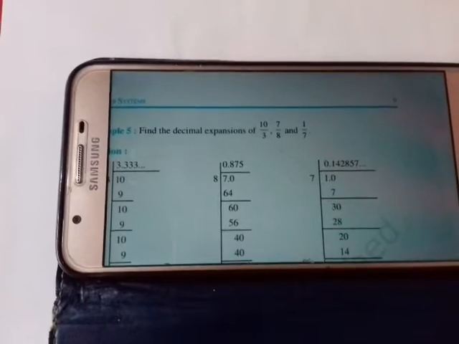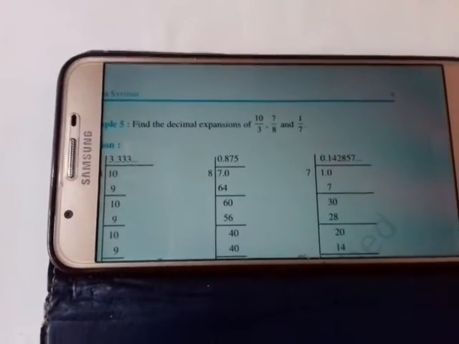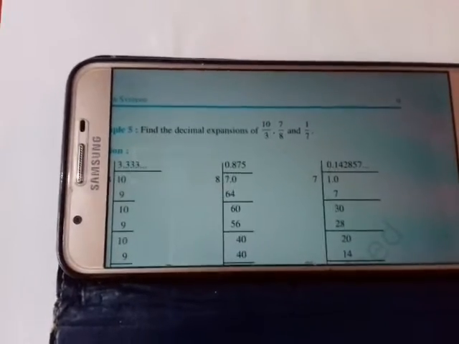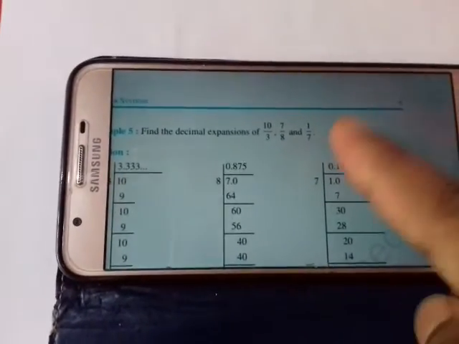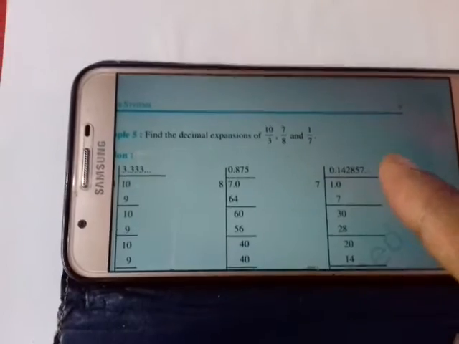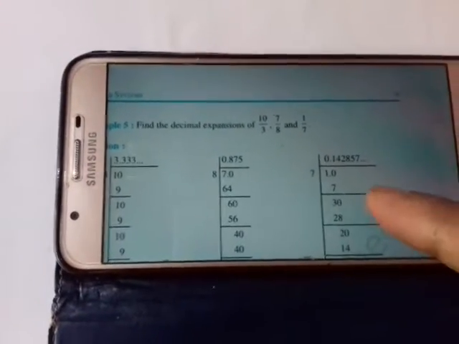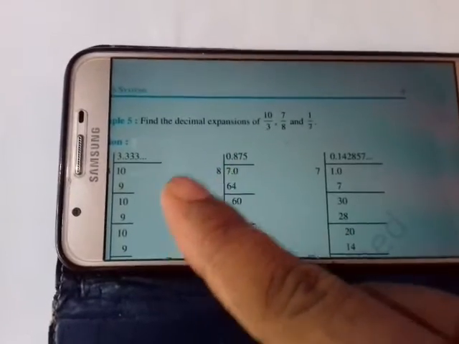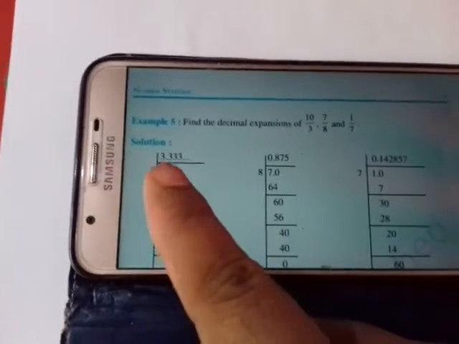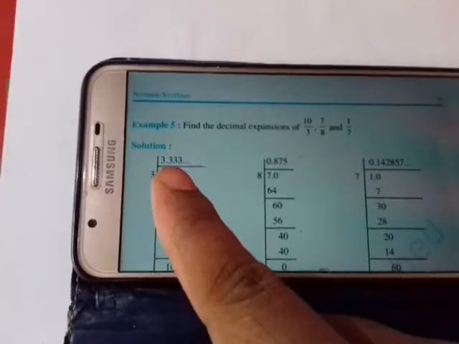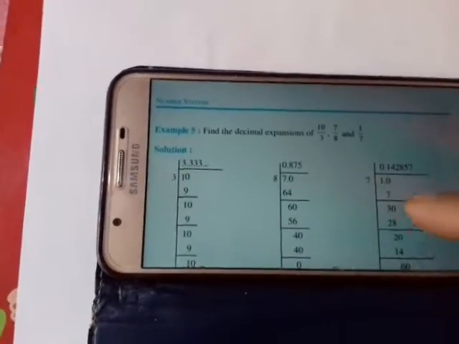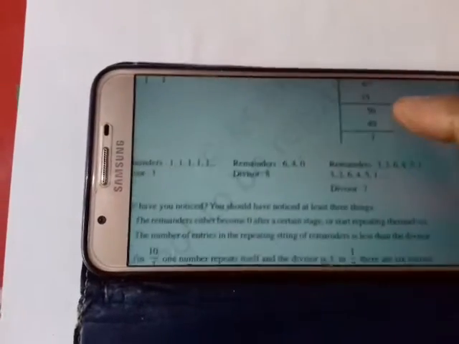So that means it is non-terminating but recurring, where the decimal digits repeat after some numbers. Like after 7, here 1 4 2 8 5 7 will come, it will be repeating. So just see, where it finishes, that becomes terminating. Where it does not finish but repeats, that becomes non-terminating recurring. We will be discussing these points.